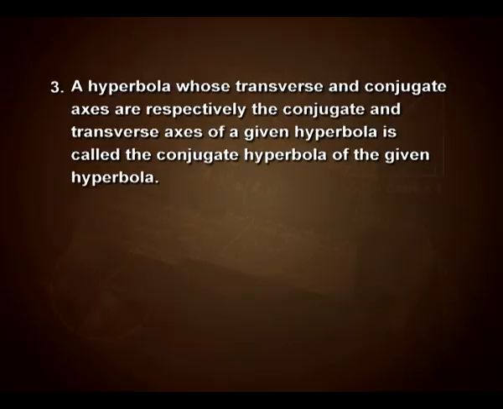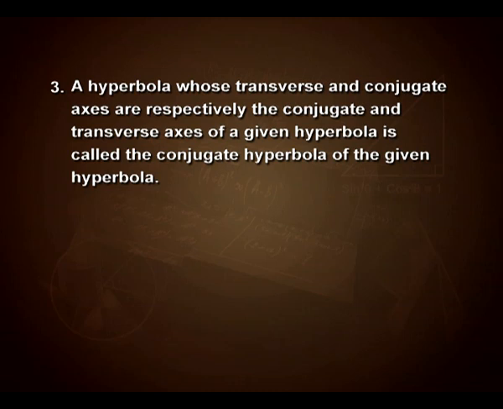Another important point we noted was a hyperbola whose transverse and conjugate axes are respectively the conjugate and transverse axis of a given hyperbola is called the conjugate hyperbola of the given hyperbola.